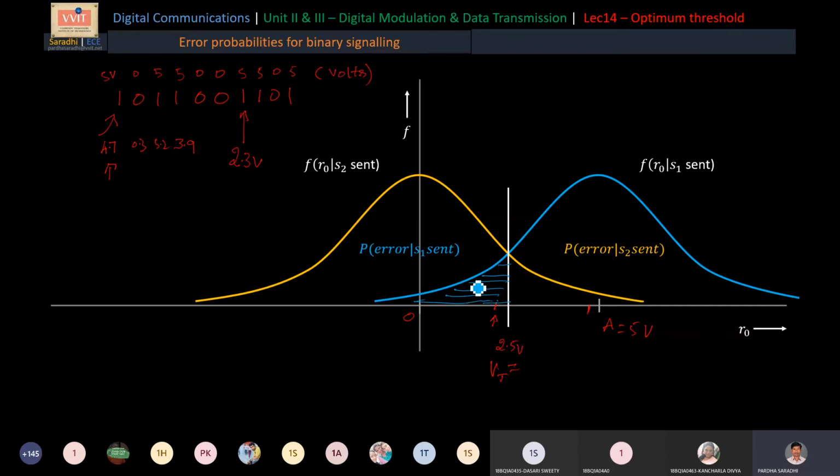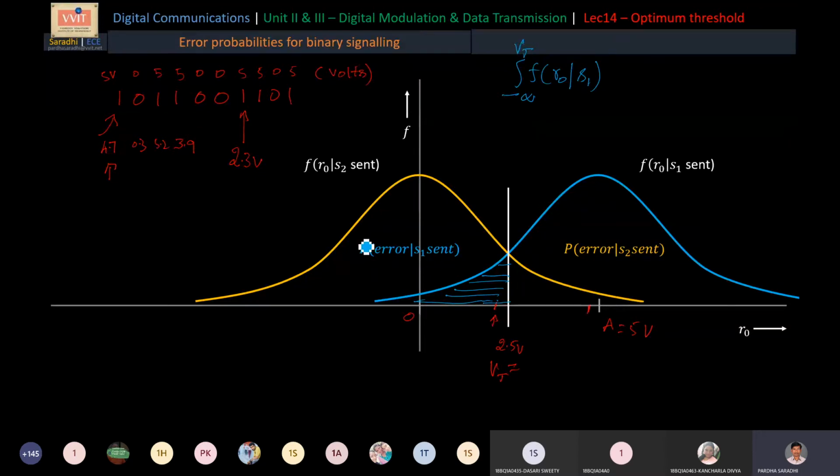And how do you integrate this portion? It is f of R0 given S1 integrated. From where to where are we supposed to integrate? From minus infinity. A Gaussian pulse will be there from minus infinity to plus infinity, no matter how insignificant its value becomes. So it is minus infinity to Vt.